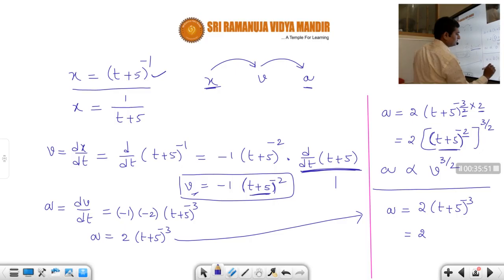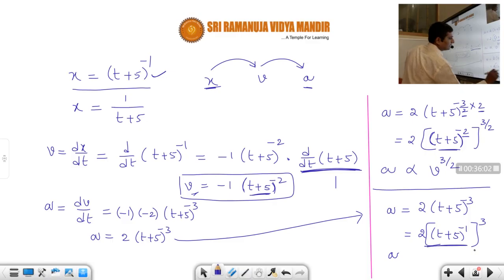So that means 2 into t plus 5, you can write it as minus 1 whole power 3. Correct or not, students? This is nothing but called distance. So A is proportional to distance whole power 3.